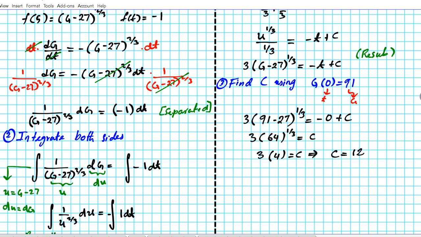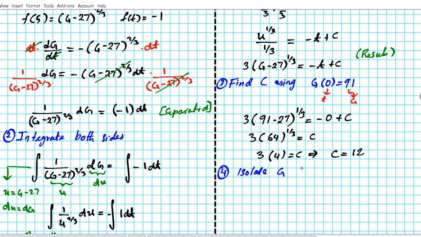Okay, and then the last step is to isolate y. In sci-fi, we're going to isolate y. Y is the dependent variable in the sci-fi formula, but in this particular problem, the dependent variable is g. So to get a particular solution, we have to isolate g here.